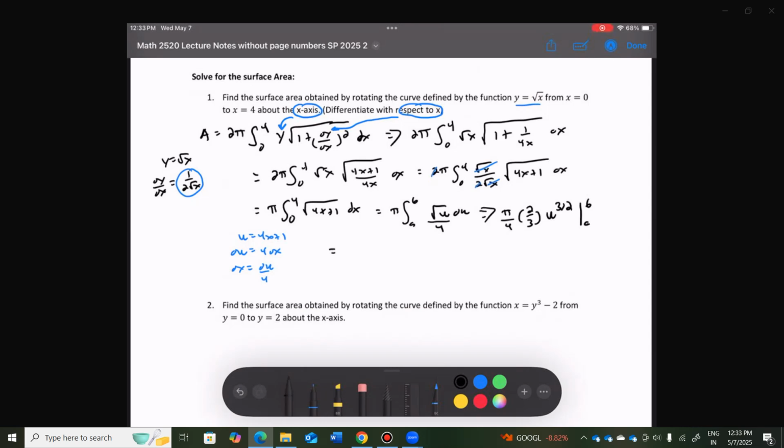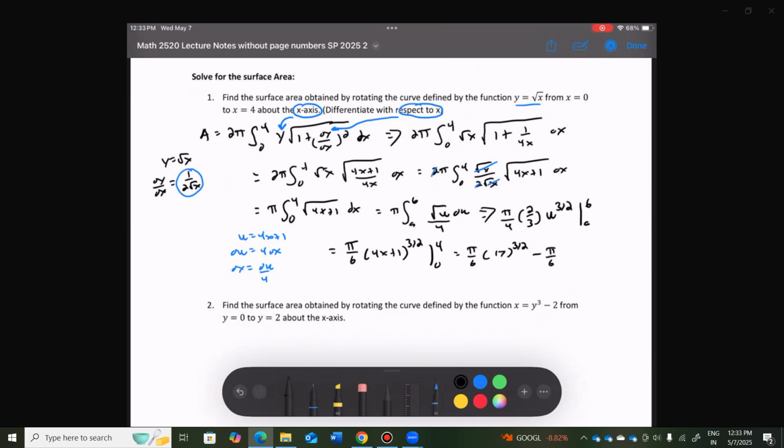So pi, let's see, this will be 6 on the bottom, 4x plus 1 to 3/2, integrated from 0 to 4. Alright, so pi over 6. When I put 4 in there, I'll get 17 to 3/2.